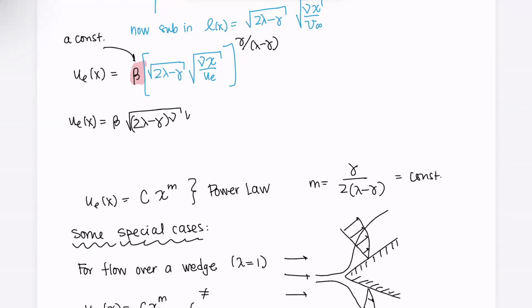And then we have UE to the minus gamma over 2 lambda minus gamma, right? Yes, I think that's right. And then times X to the gamma over 2 lambda minus gamma.